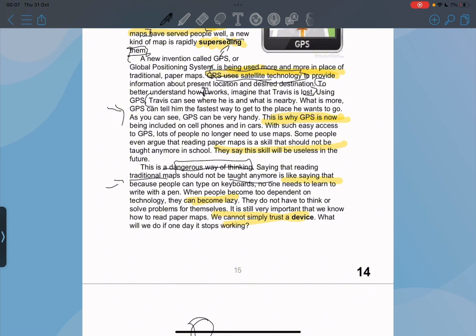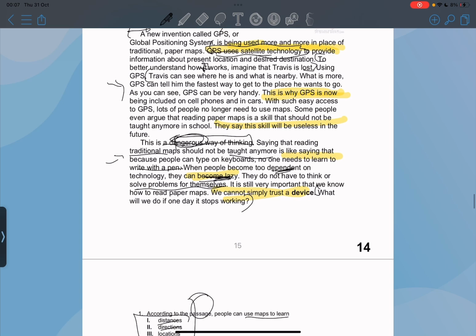It's like saying people can type on keyboards, so no one needs to learn to write with a pen. So he thinks it's a dangerous way of thinking. He thinks when people become lazy or too dependent on technology, they don't think and they don't solve problems for themselves. And obviously that can be an issue, because what happens if they stop working?